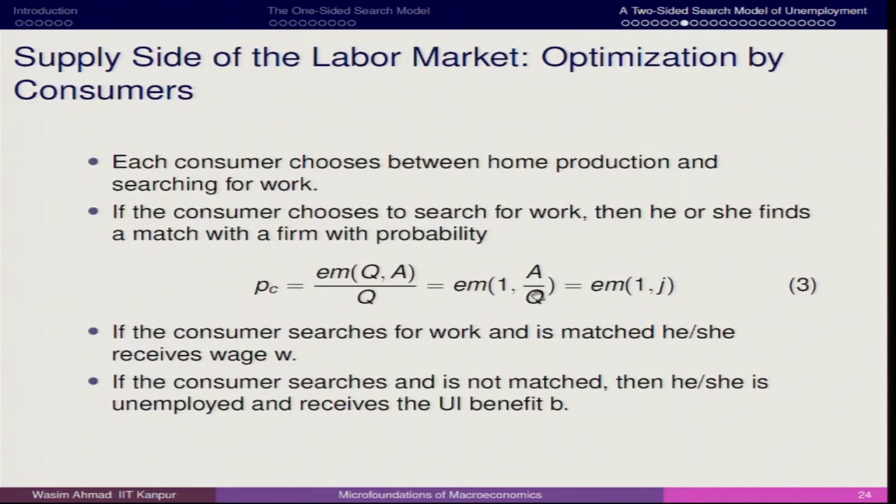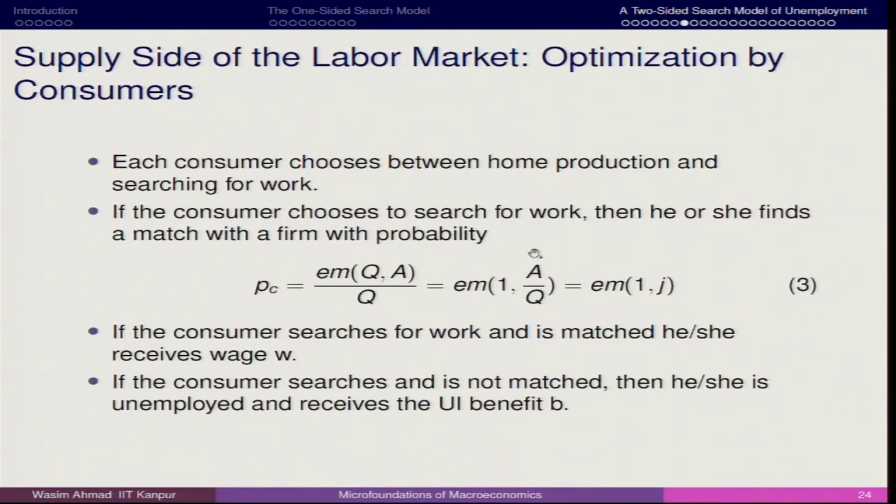So, it is E·M(1, A/Q), which can be written as E·M(1, J), and this J shows the labor market tightness, that is how frequently matching is taking place, because here you have the A and here you have the Q.